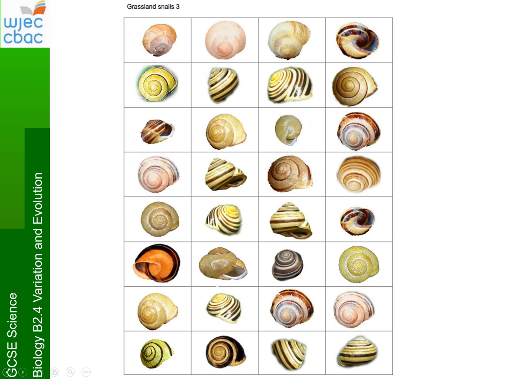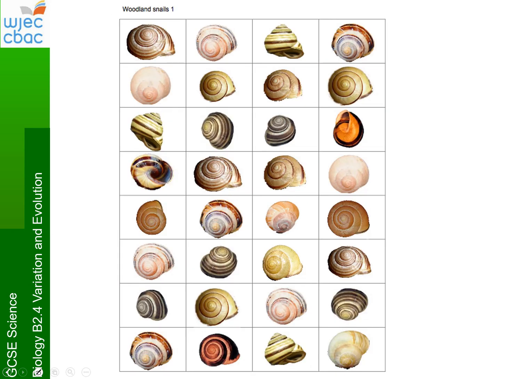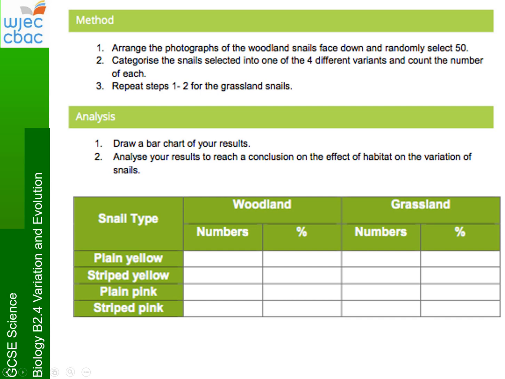All of these pictures of snails have been put into pots, and the pots have been labelled up. Each group in class normally would have a pot of snails, and they would do the following task. Let's say you had woodland 1 pot of snails. You would, in your group, tip the snails out onto the desk, onto a piece of paper.